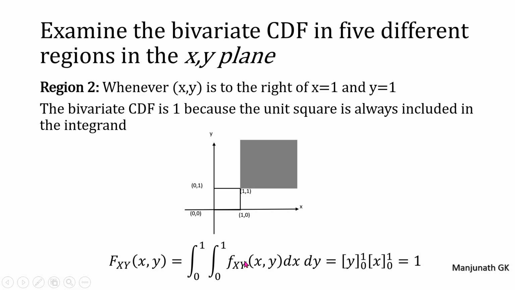So the integration of 1 with respect to dx gives x, the integration of 1 with respect to dy gives y, and applying the limits 0 and 1, we simplify this and get a value of 1. So the bivariate CDF for the given bivariate PDF in region number 2, which lies to the right of x equals 1 and y equals 1, is 1.